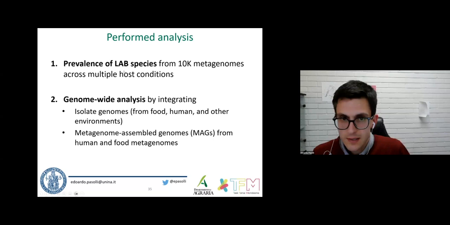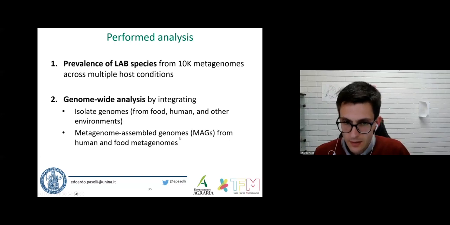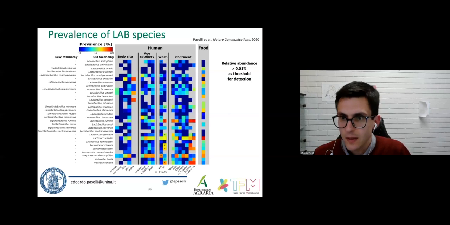For this analysis, we considered as a starting point similar numbers as already observed in the previous slide, around 10,000 metagenomes across multiple host conditions. And so we performed a genome-wide analysis by integrating isolated genomes with MAGs from human and food metagenomes.